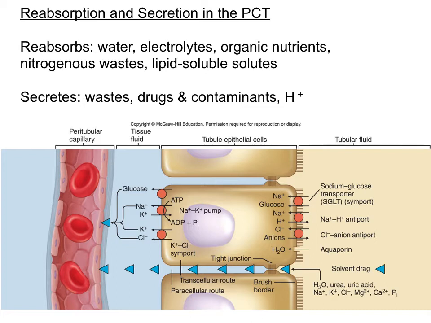It's creating an osmotic gradient and an electrical gradient that helps with water reabsorption and other solute reabsorption. With regards to percentage, on average you reabsorb about 60 to 70% of your filtered sodium here, which makes sense if you think about the water percentage. Because water likes to follow salt, if you reabsorb 60 to 70% of the sodium, it makes sense that you would then reabsorb 60 to 70% of the water.